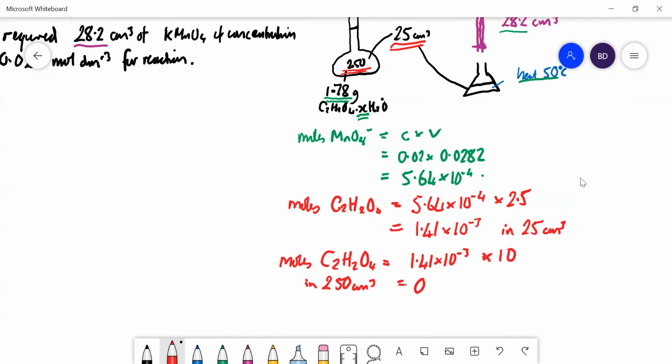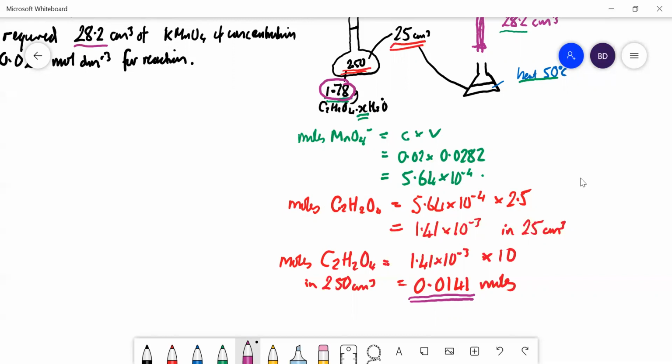That is equal to 0.0141 moles. Okay, now we know the number of moles and we know the mass because we had 1.78 grams, so we can work out the MR. Okay, I'll do that over here.